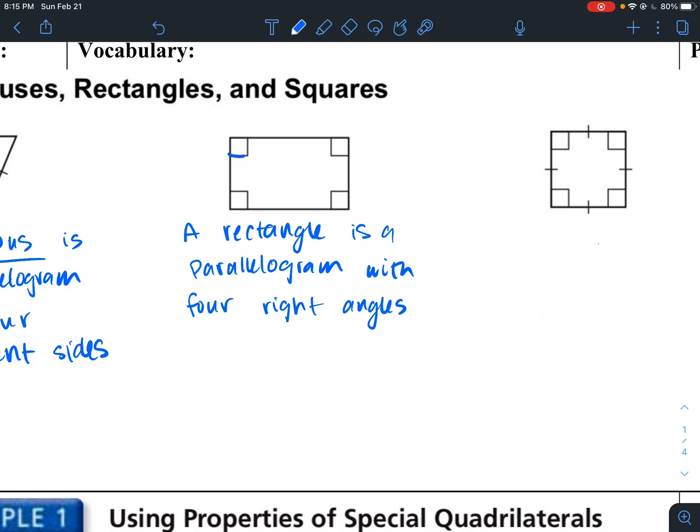So here's a right angle, here's a right angle, and a right angle. So a rectangle is a parallelogram with four right angles.